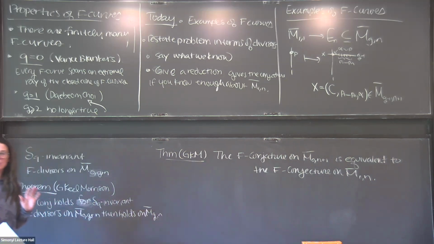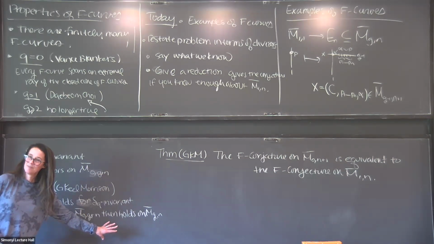So if you could prove the F-conjecture on M_{1,n}, then it would be true on M_{0,n+1}. And then it would be true for the invariant divisors, and it would prove it for all genus and all that.